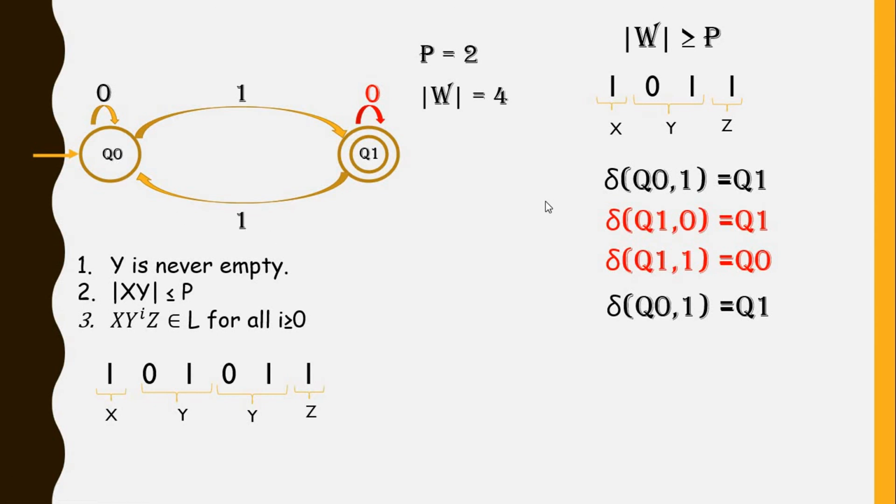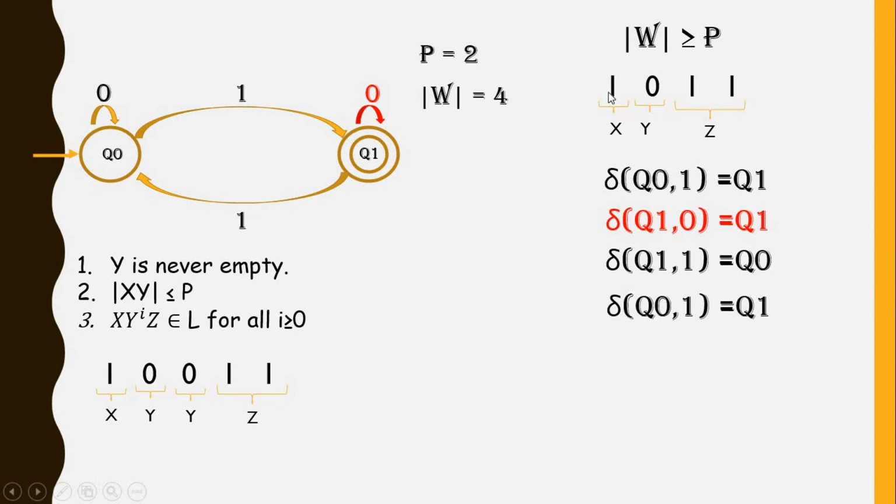Okay, to conclude, when you break this condition, the second condition, and you pump up or pump down, sometimes you are in the language and sometimes you are no longer in the language, as you can see. And also, the x and z part can be empty sometimes, but not always.